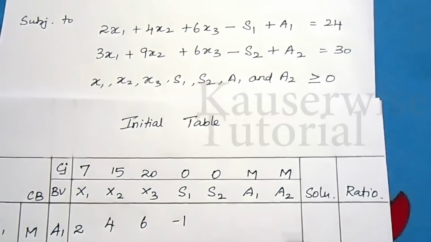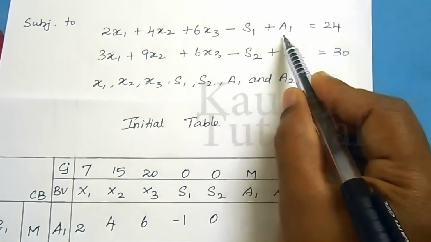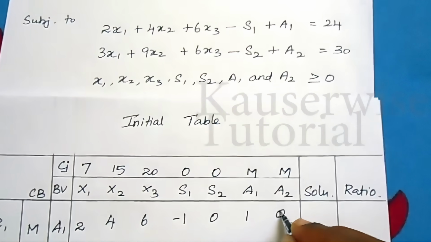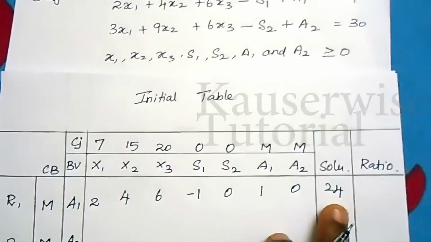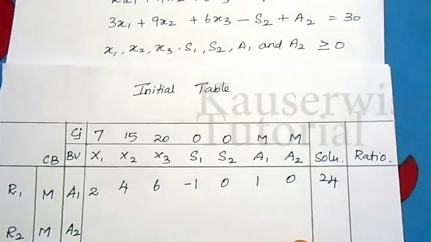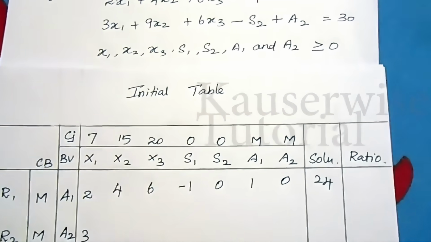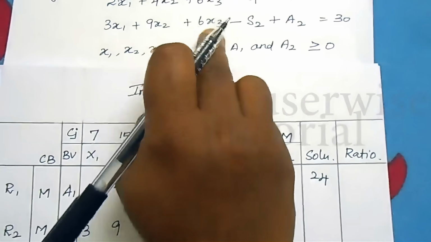In the first constraint there is no s2, put 0. And in the first constraint a1 is there, so write plus 1. No a2, so write 0, and the solution is 24. In the same way, fill in all these values for row 2. For row 2, 3x1, so 3, for x2, 9, for x3, 6.